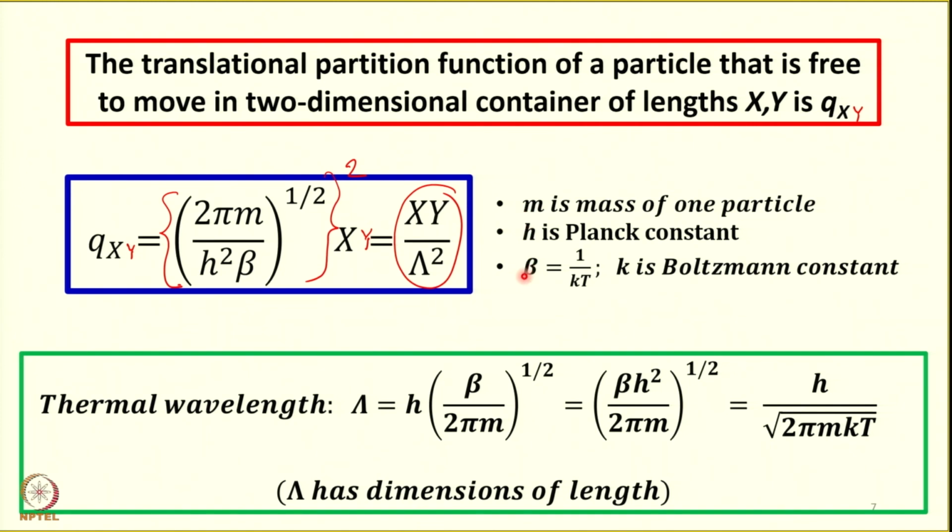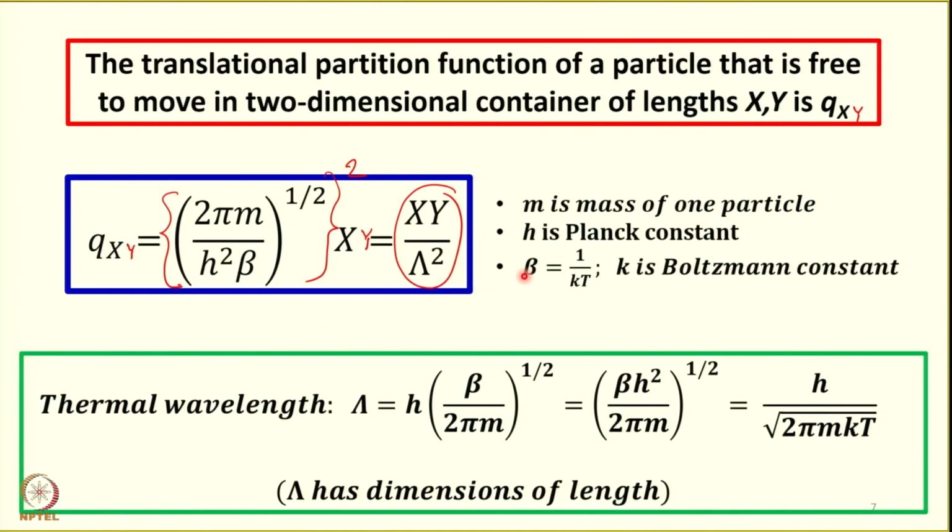So if you are now considering that a particle is free to move only on a two-dimensional surface, and the surface can have different values of the lengths, that is edges, x and y, or it can be having same value.